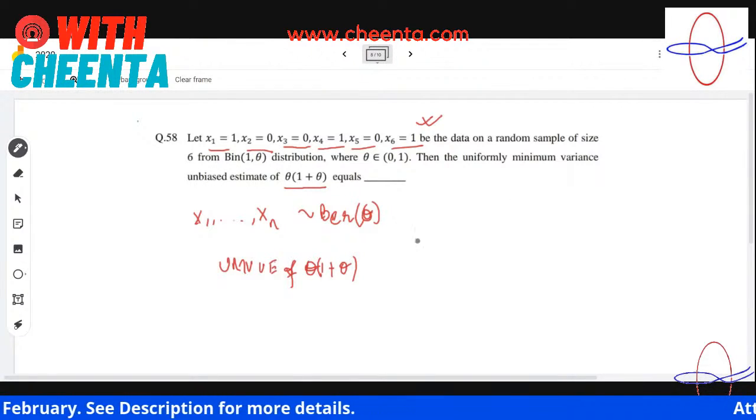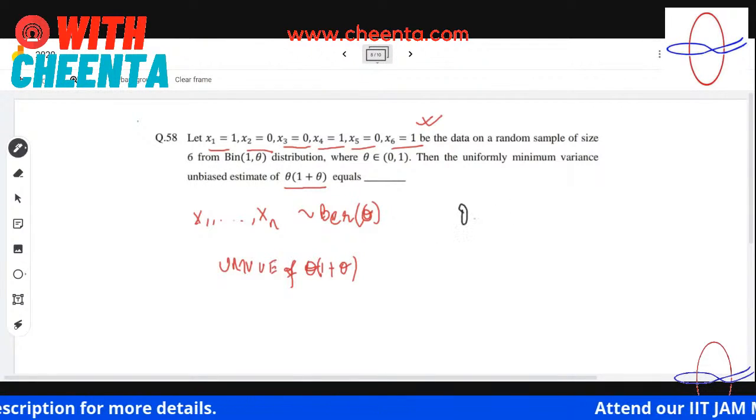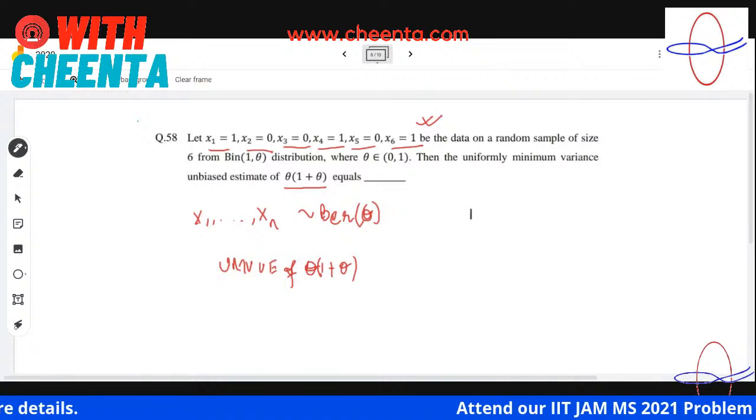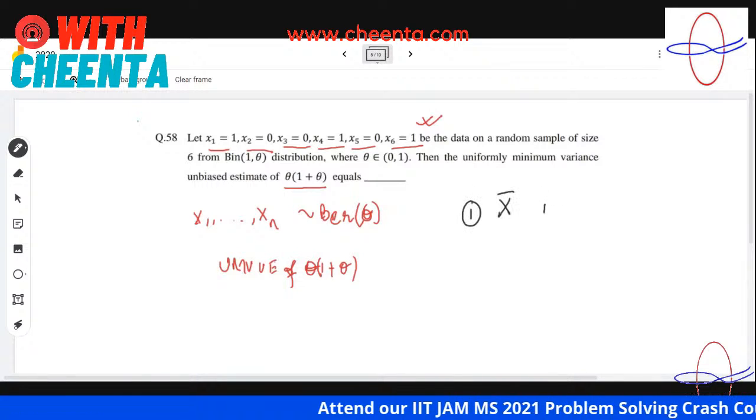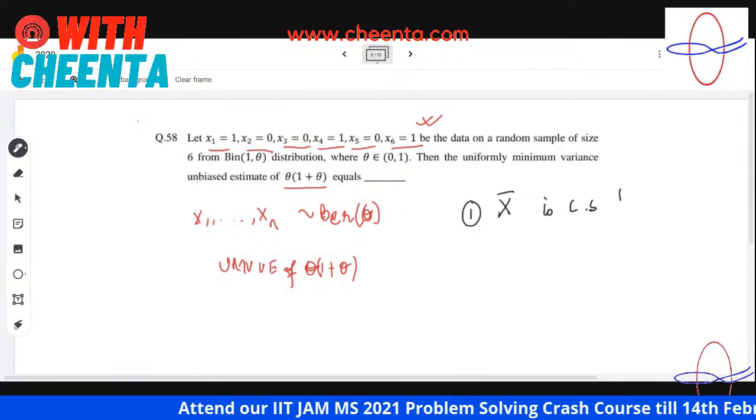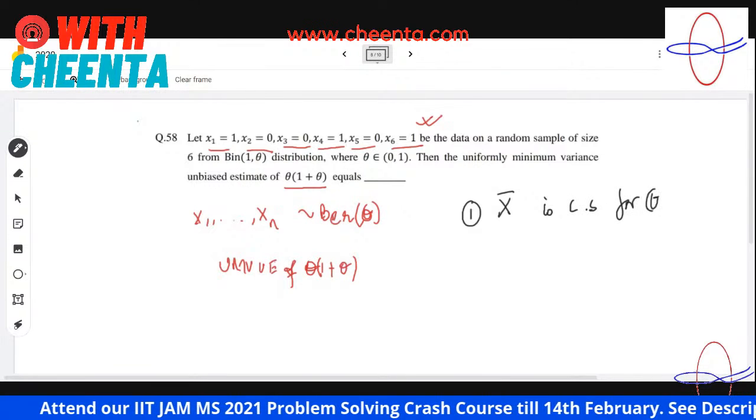Okay, yes, perfect. So the first step, remember, is that X bar is complete and sufficient for theta.